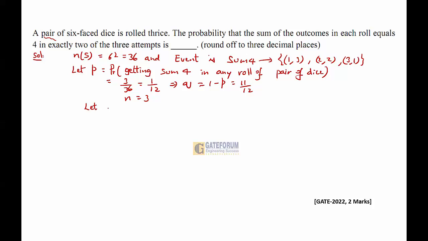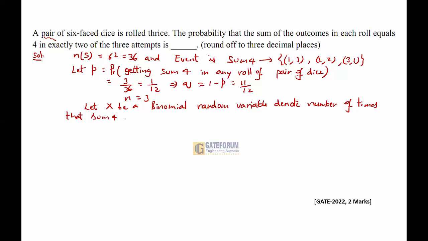So here, random variable: let X be a binomial random variable denoting the number of times of obtaining sum 4.